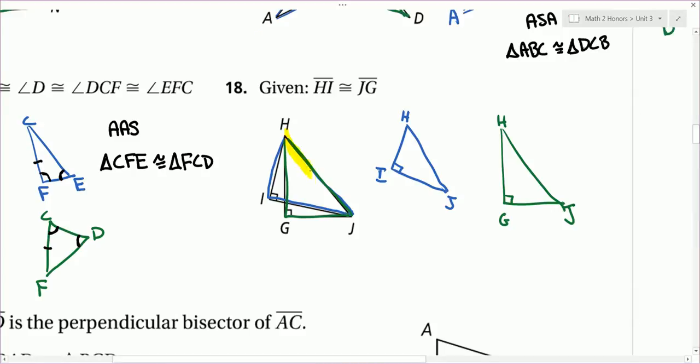They share side HJ. Mark that on both triangles. And then what's given? HI is congruent to JG.